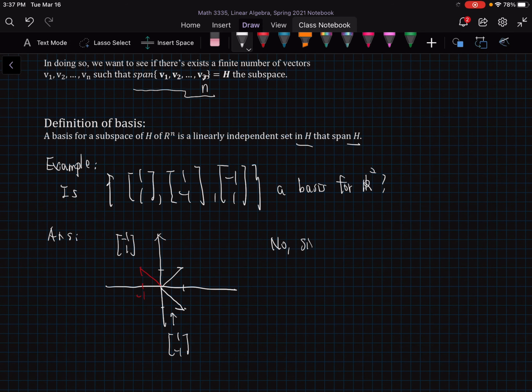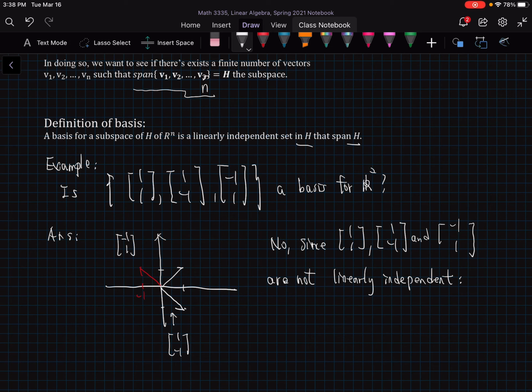The reason is that (1, 1), (1, negative 1), and (negative 1, 1) are not linearly independent.